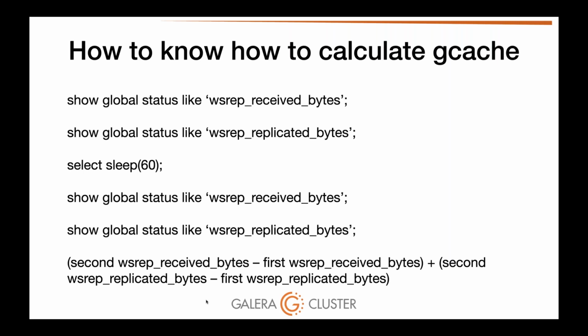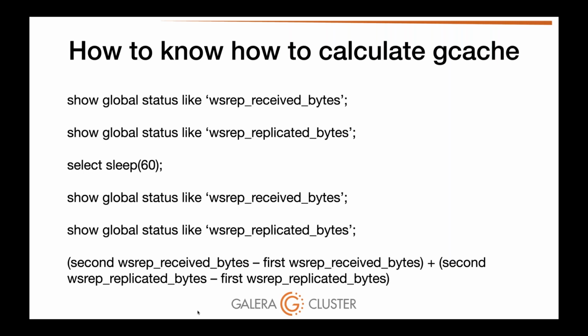If your GCache is only 128 megabytes and you have a lot of transactions happening, you will probably hit your limits very quickly, and you always have to get a full SST. And SSTs are obviously slower than an IST, right?